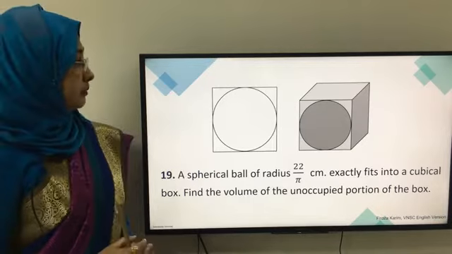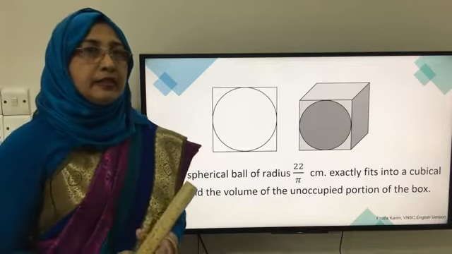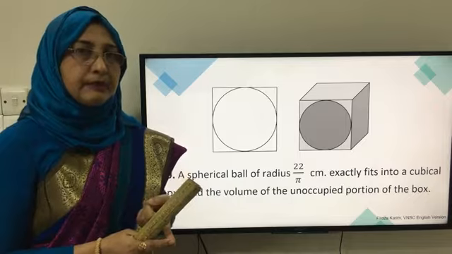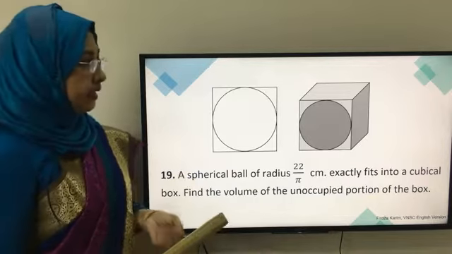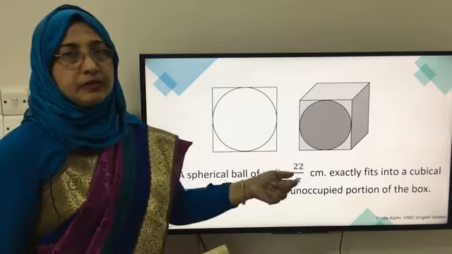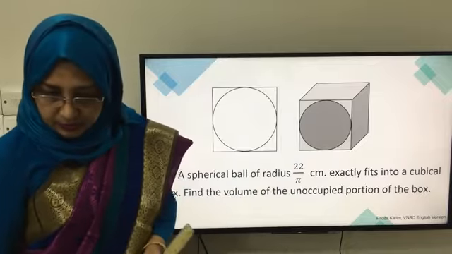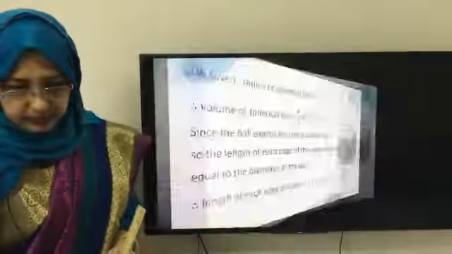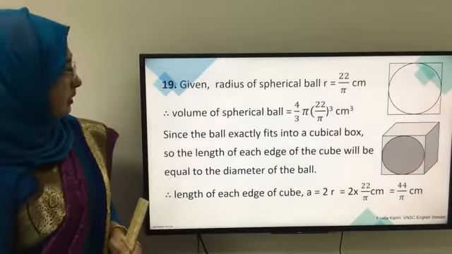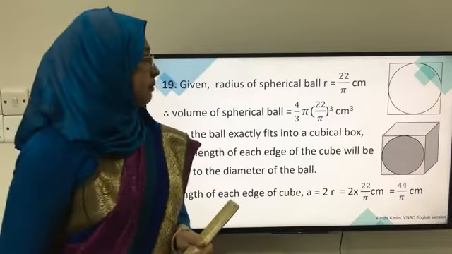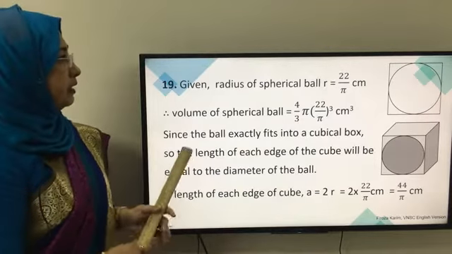So we must find the volume of the spherical ball and at the same time the volume of the cubical box. So let's go for the solution and get ready. Start writing with me.